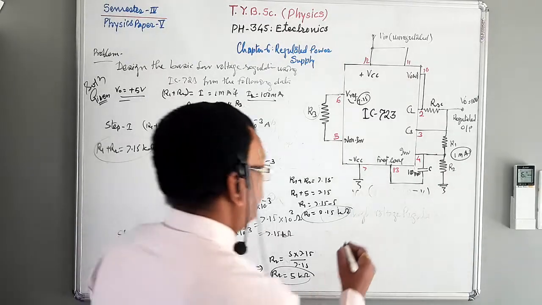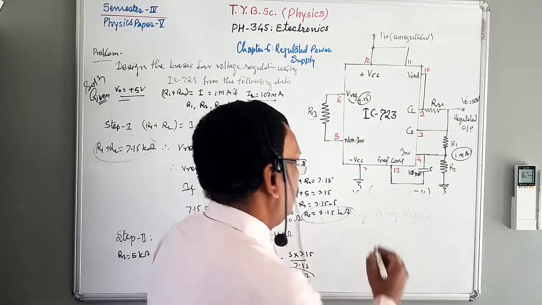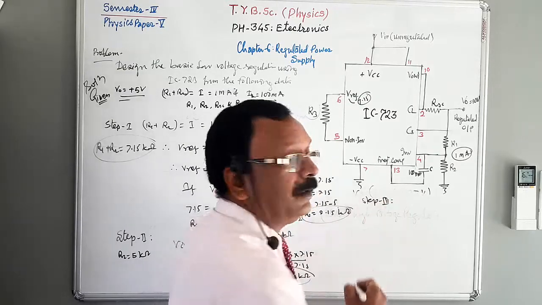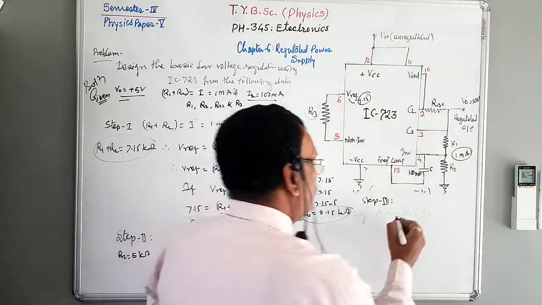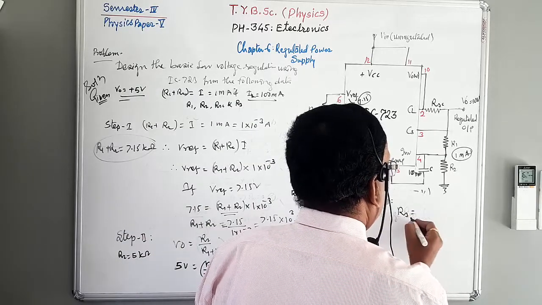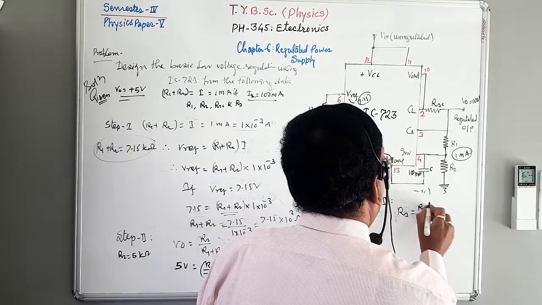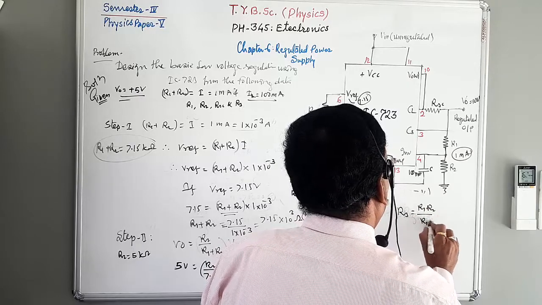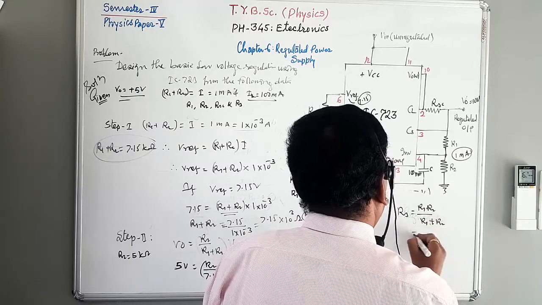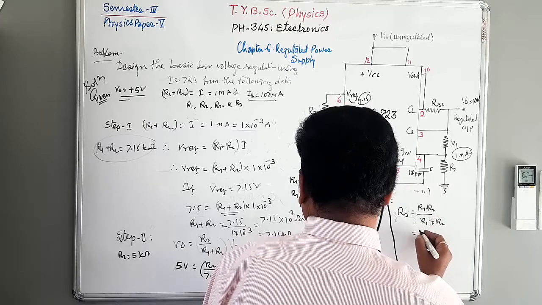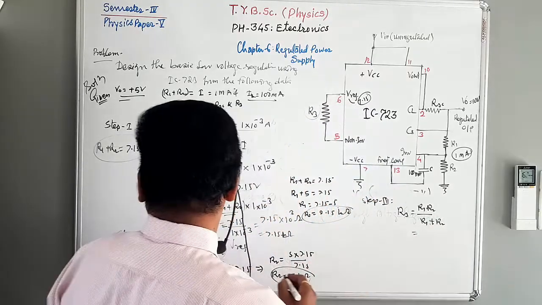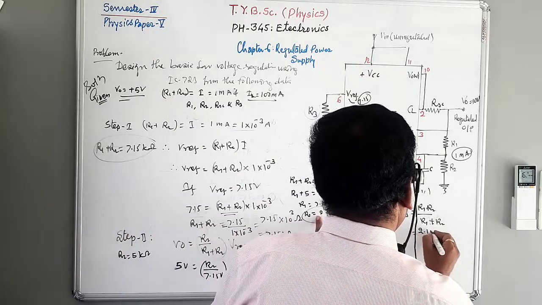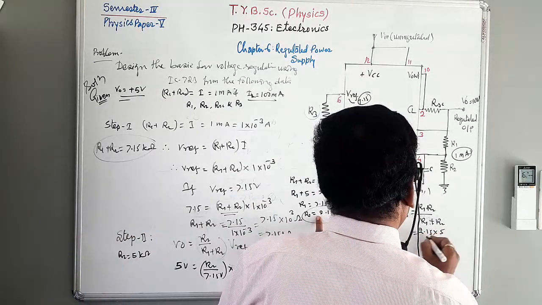Now in the next step, we studied that R3 is equal to R1 into R2 upon R1 plus R2. R1 is equal to 2.15, R2 is 5.